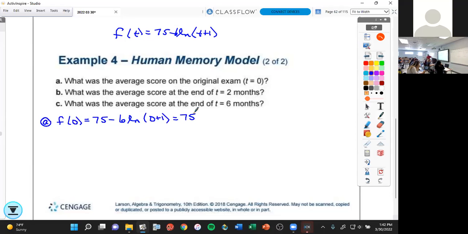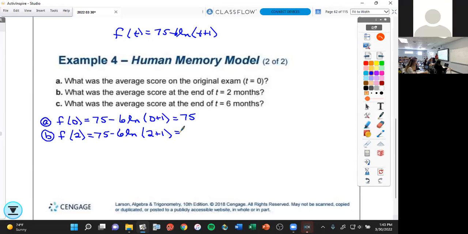2 months later, we give the same group of students a test over the same material. What's their grade going to be? What do we do? Okay, now this one, you'll have to plug into your calculator. Obviously, you probably should have plugged in natural log of 1 and 2 because y'all didn't remember what it was.